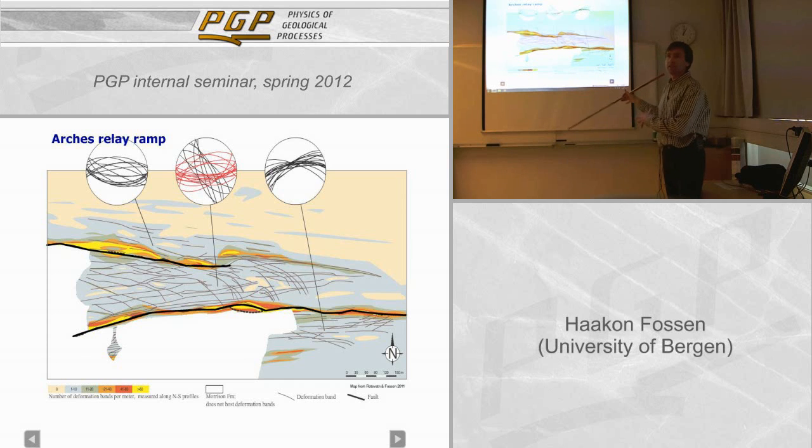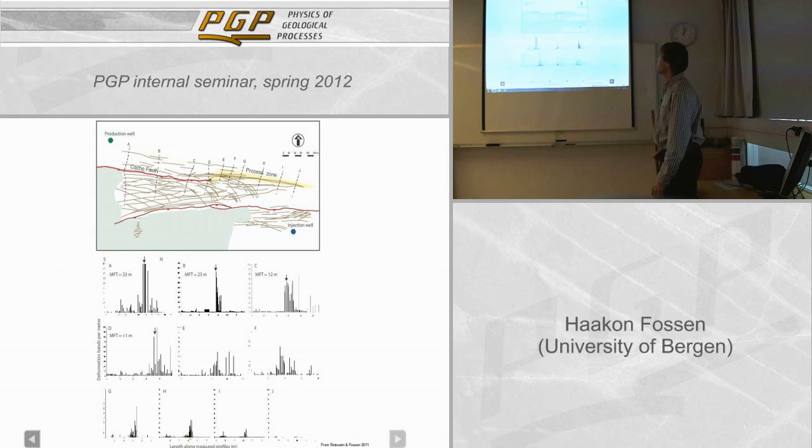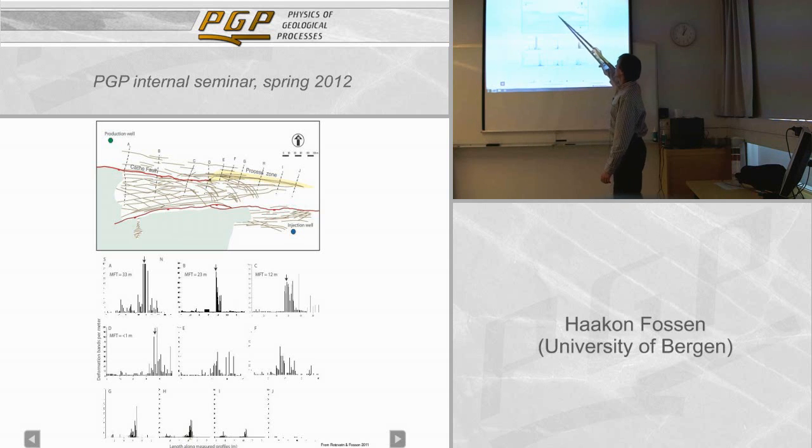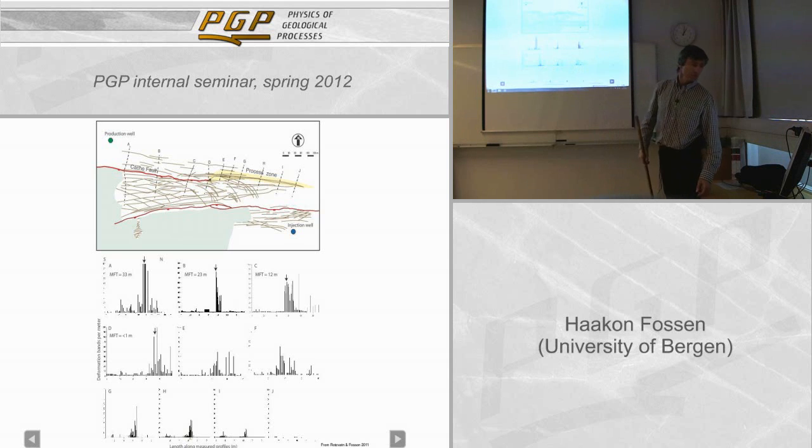So we collected all the small-scale data. This shows the two faults and the process zone and the various data from the fault and into the process zone, showing that there are fewer and fewer deformation bands, but you can trace them all the way up there, which is about 350 meters away from the tip point.